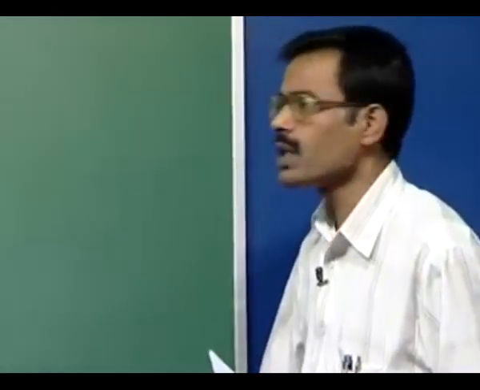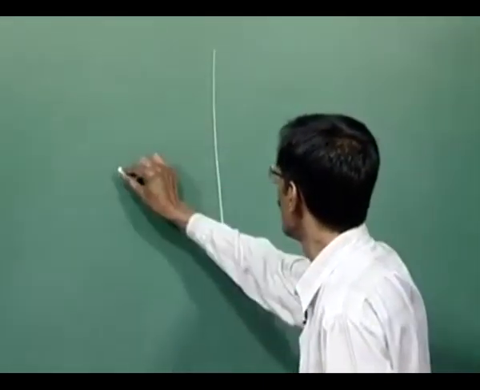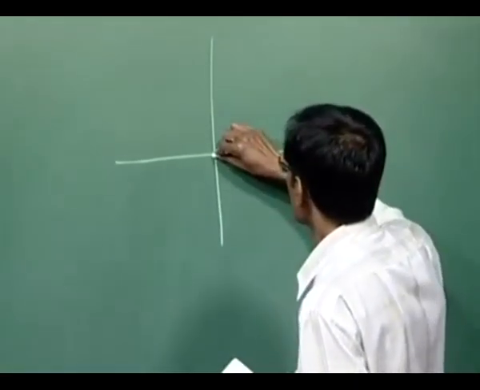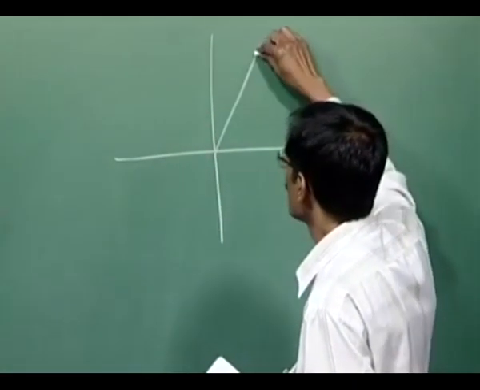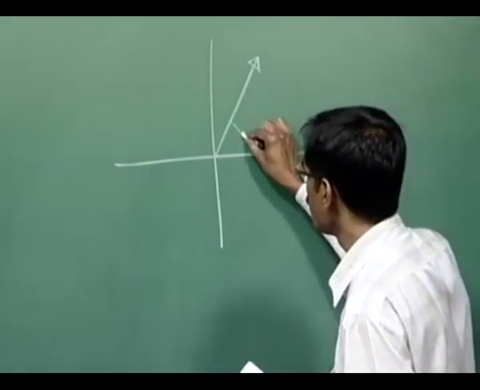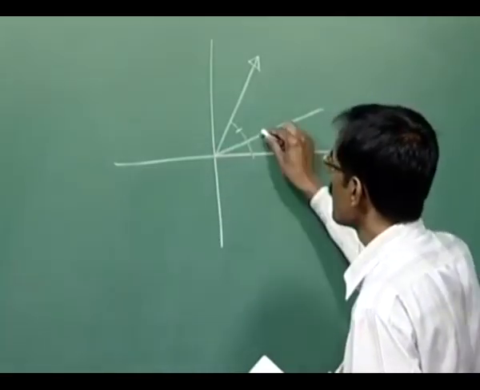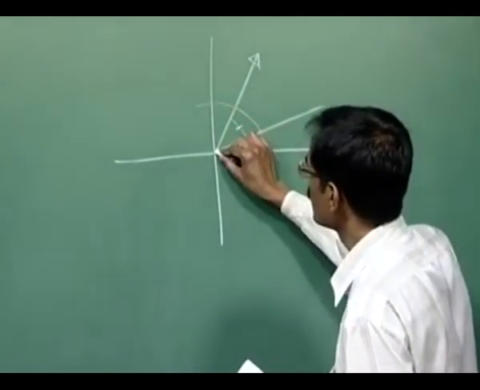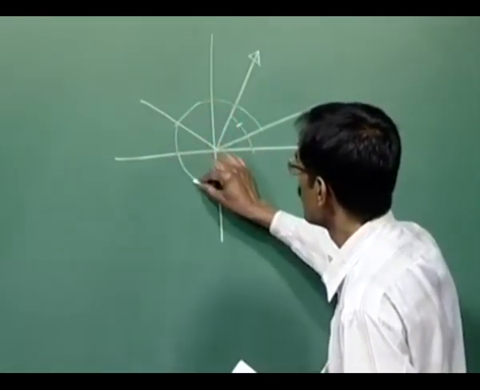So, if the description of that number in the complex plane turns out to be like this, then its cube root will have 1/3 of this angle, plus 120 degree, and then plus 120 degree.